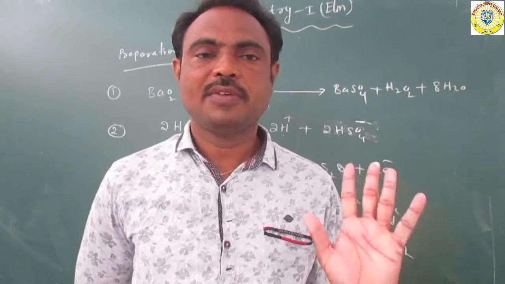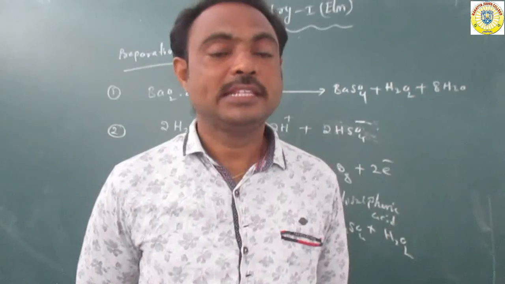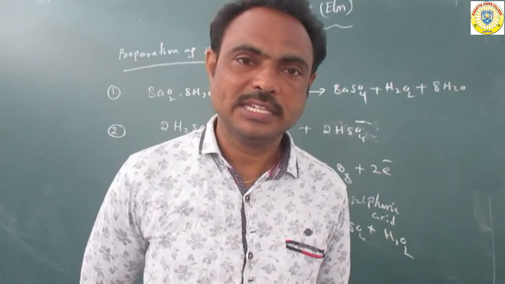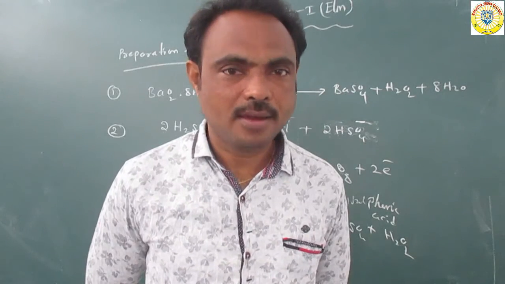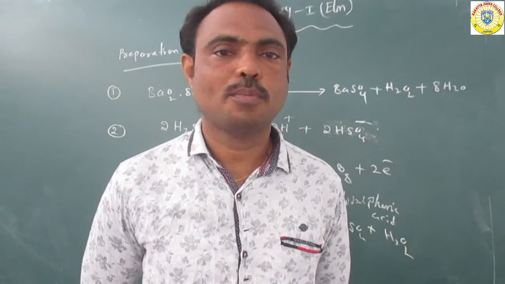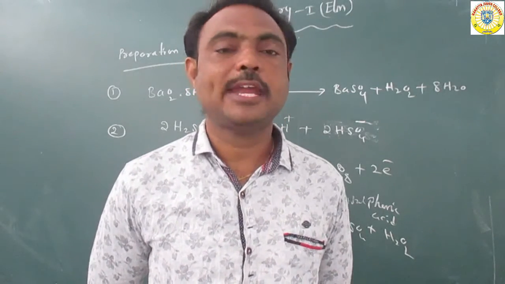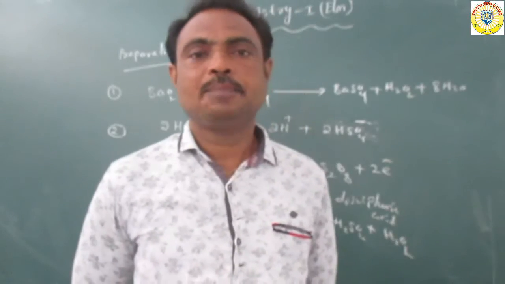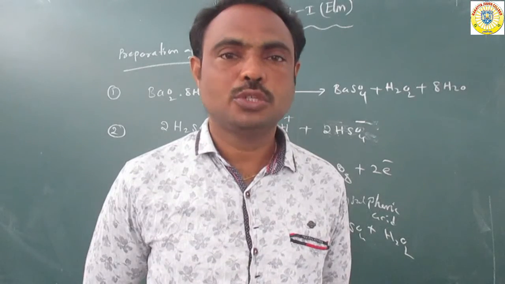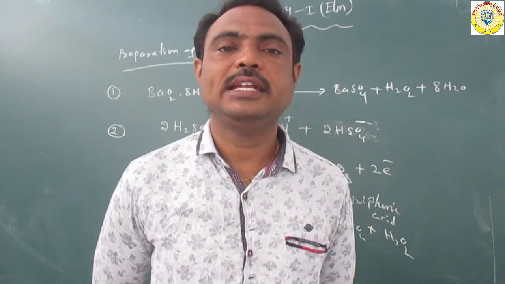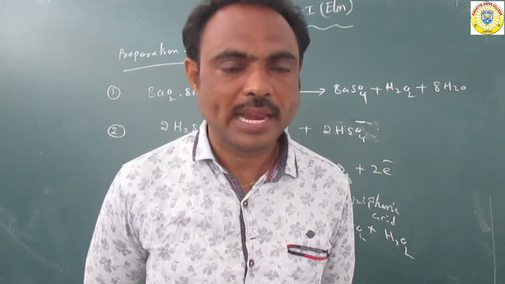When we take sulfuric acid and pass electricity through it, it is converted into two ions: 2H+ ions and 2HSO4- ions, which are hydrogen sulfate ions. The hydrogen sulfate ions form H2S2O8, peroxy disulfuric acid, and give 2 electrons.